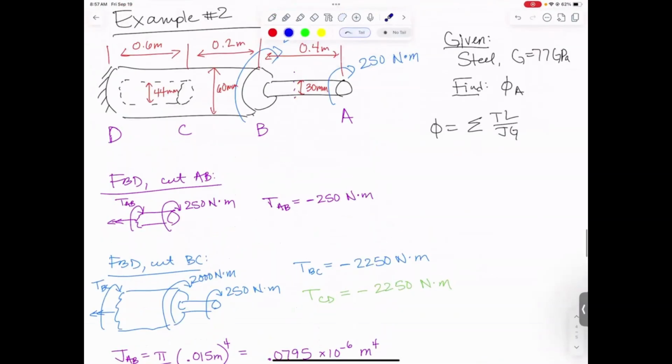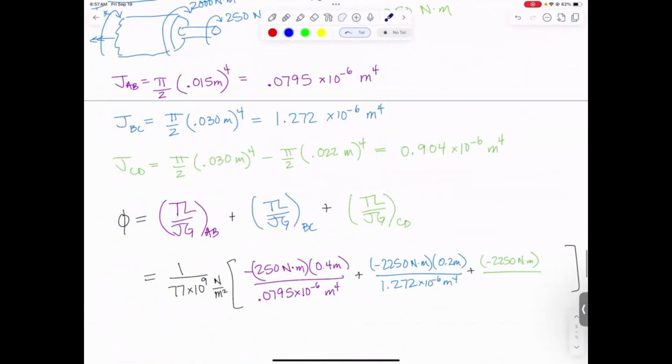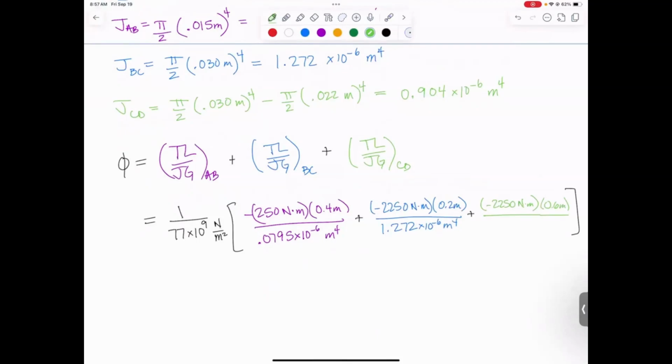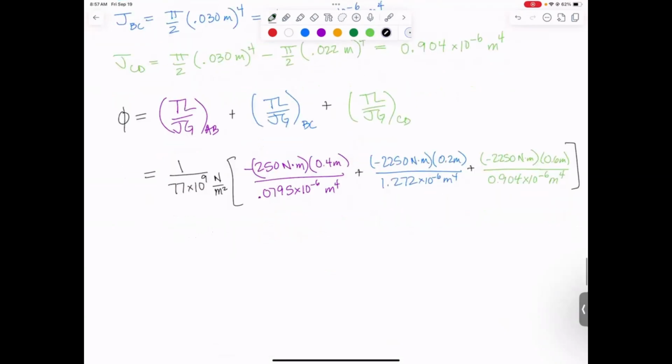Its length was 0.6 meters. And its J is 0.904 times 10 to the minus 6th meters to the 4th. And all of that together comes out to be dimensionless minus 0.403 radians, which is minus 2.31 degrees. And we've solved another problem that has a negative angle of twist because all the torques were applied in the negative direction.